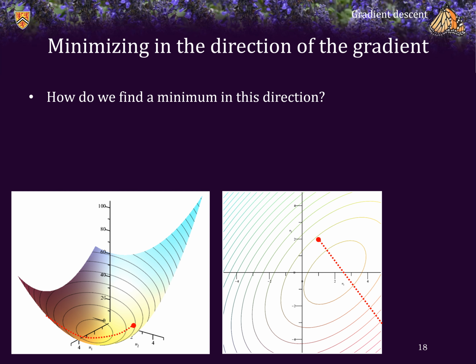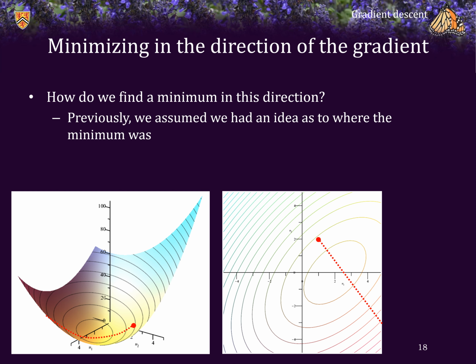Now, how do we find the minimum in this direction? You'll recall previously, whenever we were finding the minimum of a real valued function of a real variable, we assumed we already had an idea as to where the minimum was. But now all we're doing is calculating the gradient and, well, moving in that direction. How far do we move? Are we going to be moving a significant distance or only a very short step?